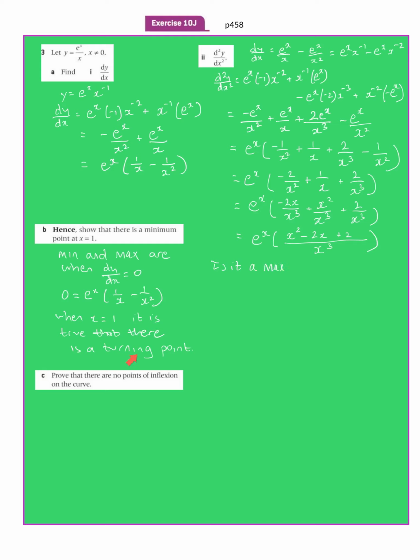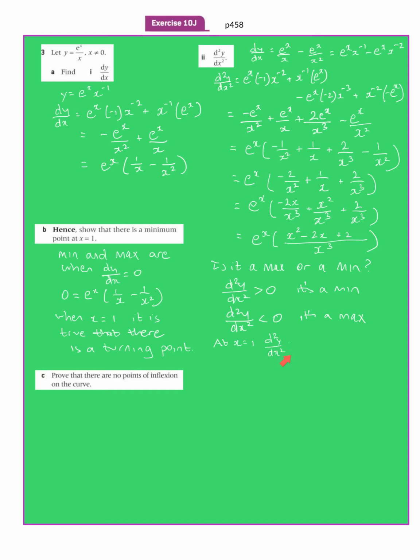Now, is it a max or is it a min? Well, the question was show that it's a min. So if the second derivative is greater than 0, it's going to be a minimum. And if the second derivative is less than 0, it's going to be a maximum. So all we need to do is put 1, as they've asked us, into the second derivative. Now that's the second derivative there.